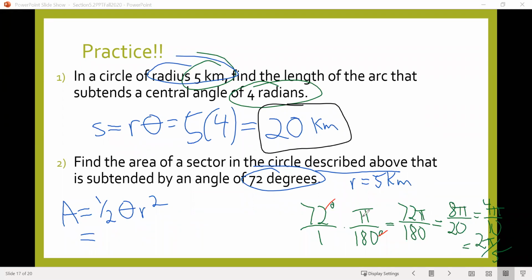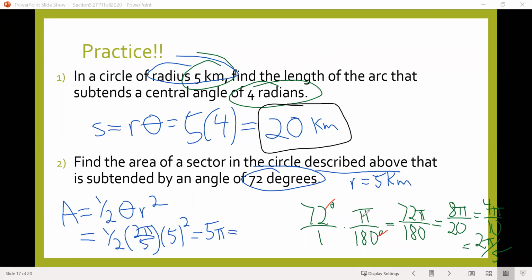We know the radius is still 5 kilometers, so we can plug in that information. We'll do 1/2 times 2 pi over 5 times 5 squared. And we could work that out. I believe if you cancel some stuff there, it'll come out as 5 pi. But if you want to, very carefully put it in your calculator.